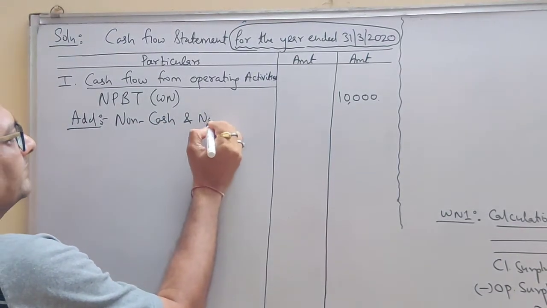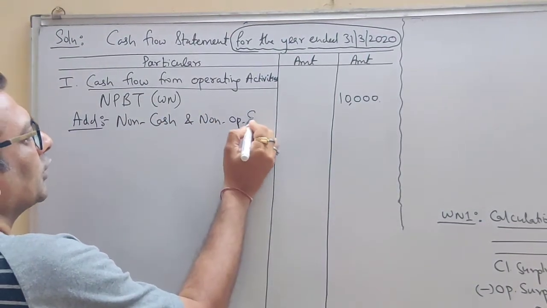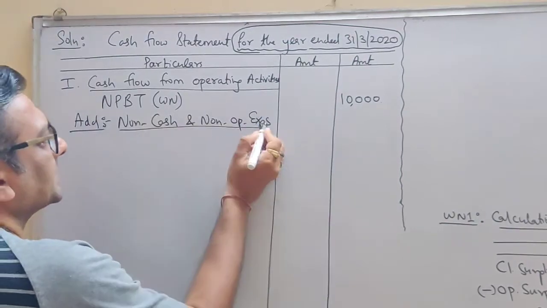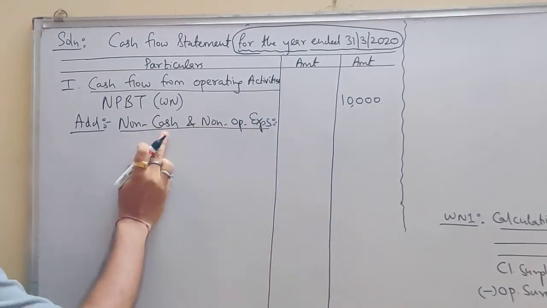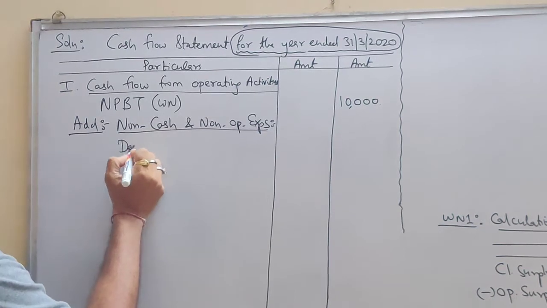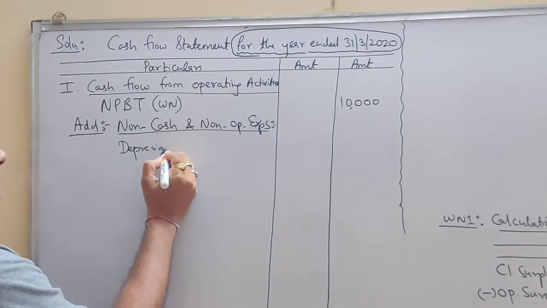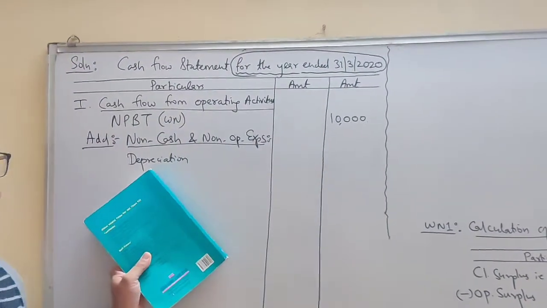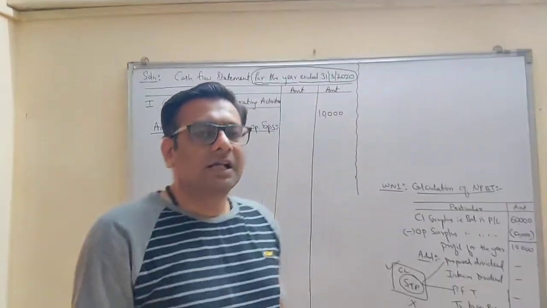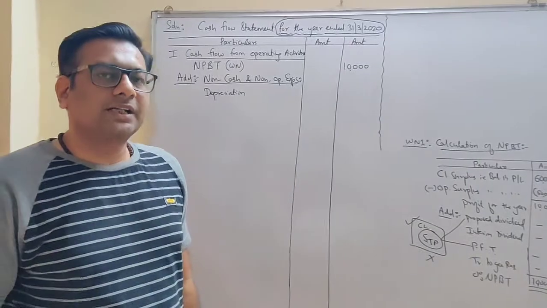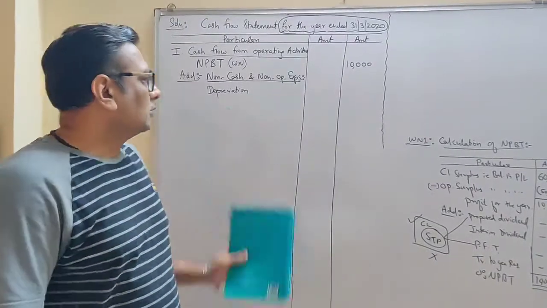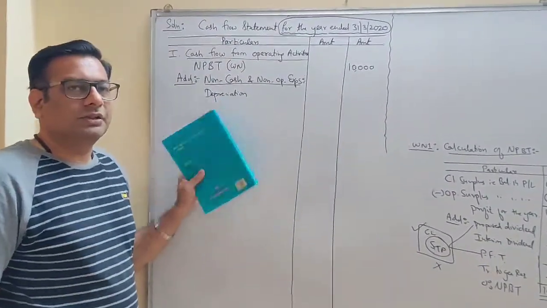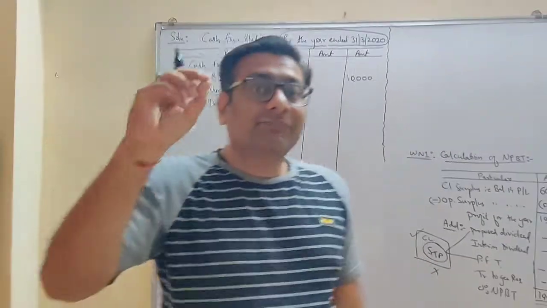Non-cash and non-operating expenses. So what comes under non-cash? Depreciation and amortization. We charge depreciation on tangible assets and we amortize our intangible assets. So we need to check in the question, in the balance sheet, fixed assets.